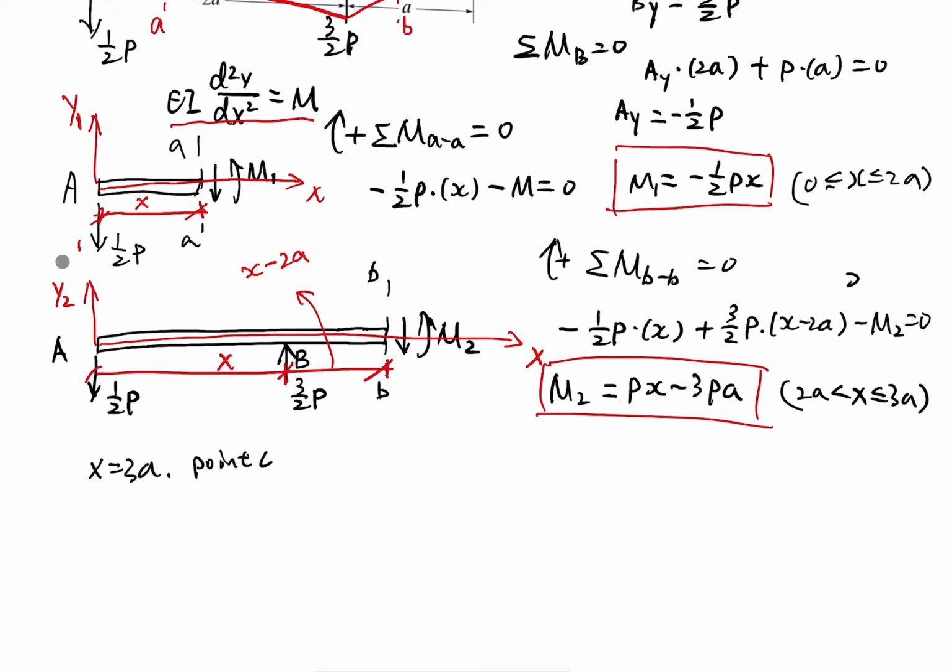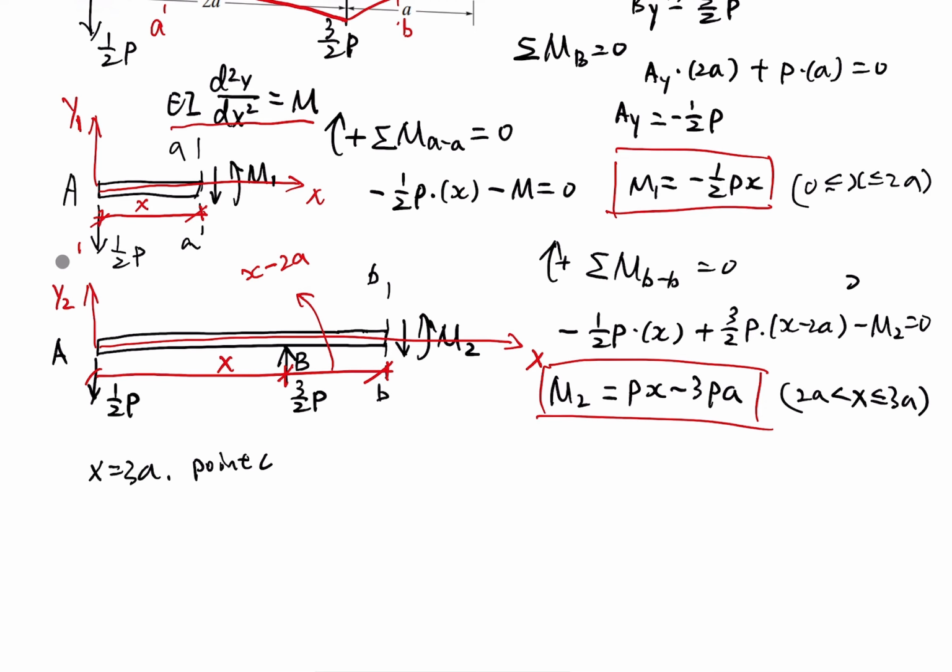First of all, we need to evaluate EI d²y2/dx² equal to M2. M2 is equal to Px minus 3Pa, for x larger than 2a and less than 3a.